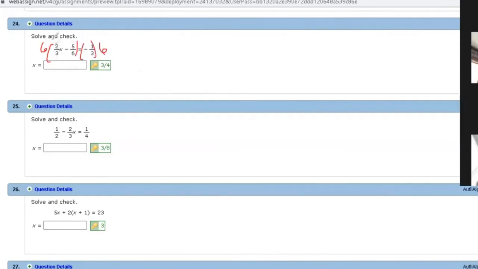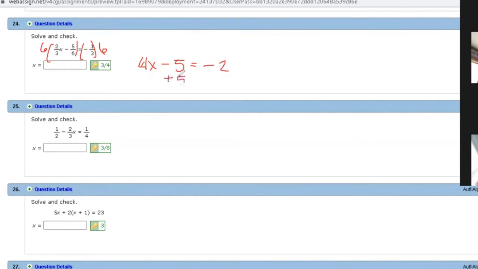So 6 times this first term, we'll have 6 times 2, which is 12, divided by 3, we'll have 4x. And then negative 5 over 6 times 6, we'll have negative 5. And negative 1/3 times 6 will be negative 2.